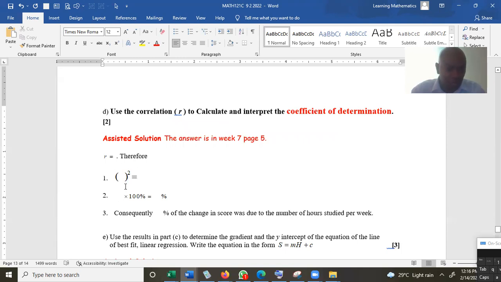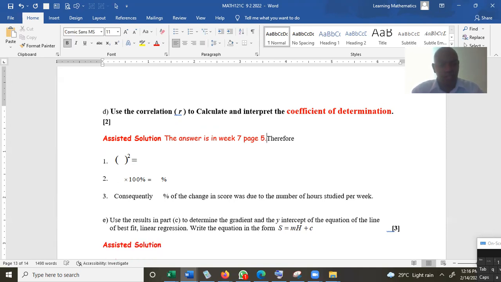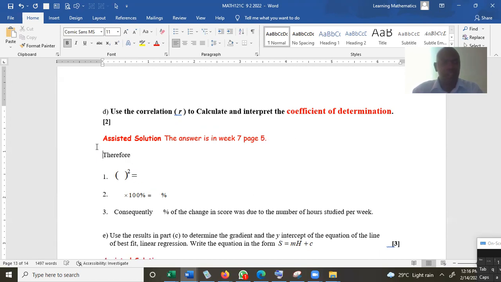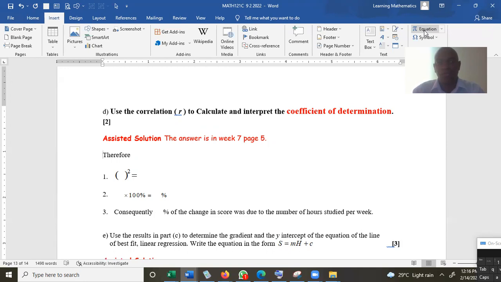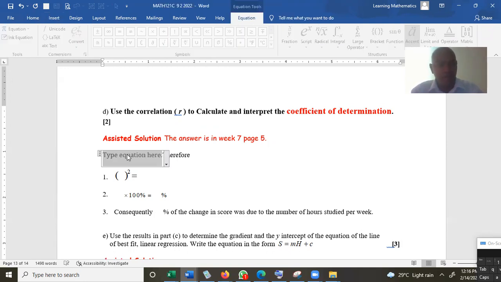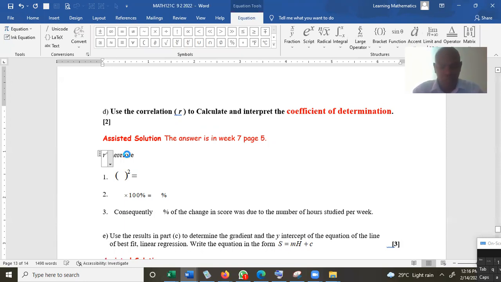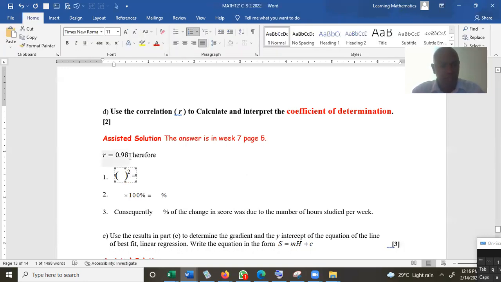But here are the steps to facilitate this process also. For this example in the worksheet, R is equal to 0.98. So I'm going to insert this value, R equals 0.98. R for relationship, R for Pearson's relationship.